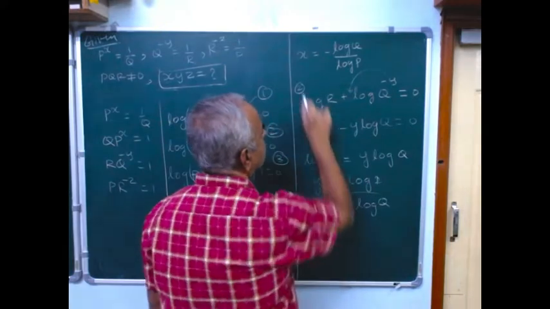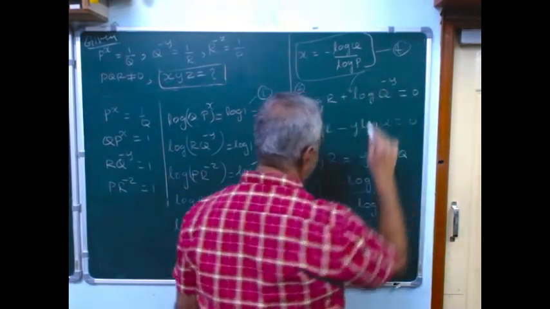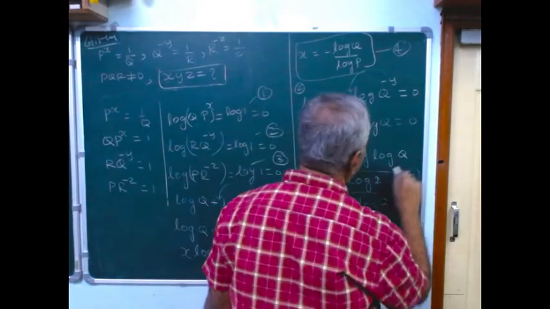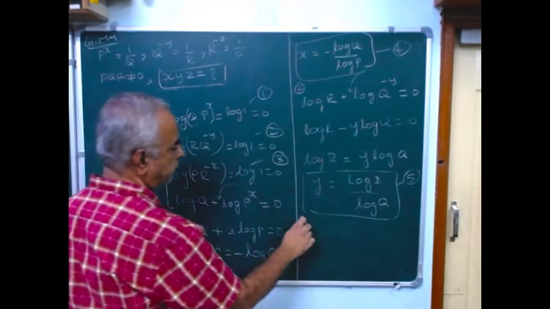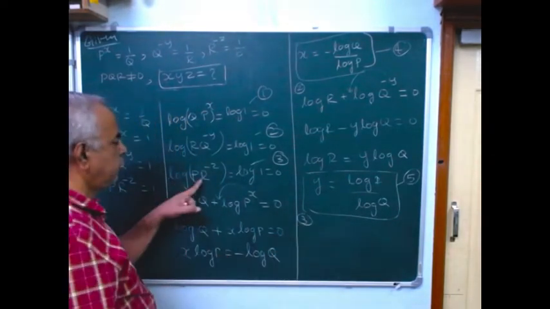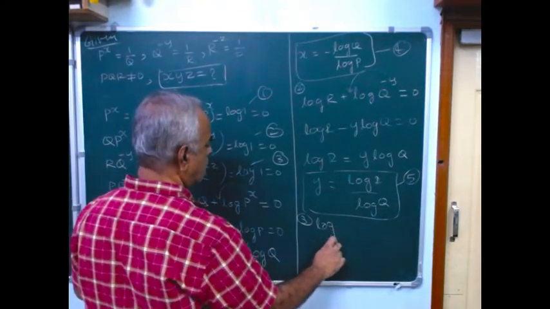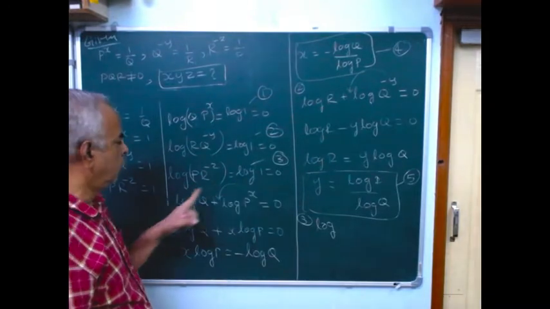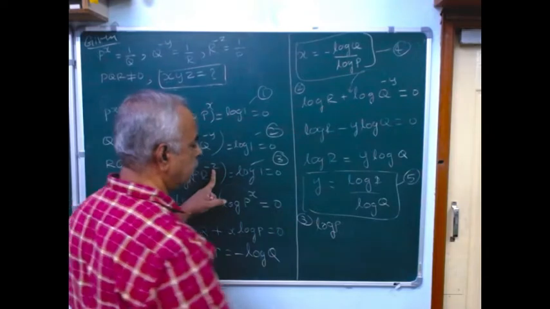Okay, so this is the fourth equation, and this is the fifth equation. Right, carefully follow. And then let us consider the third equation again. On the third equation, you can apply the product rule. So log, what is the third equation? Log of p r power minus z is equal to 0. So log p, and then you have got minus here.